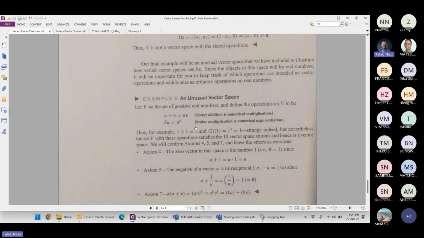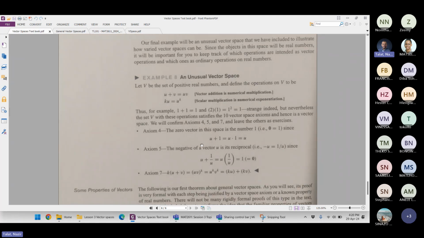One can check that it fulfills all the axioms. For instance, u plus 1 is equal to u times 1, equal to u, and for every element the zero vector is available, such that these conditions hold. And if u is a vector, then minus u will be equal to 1 by u.